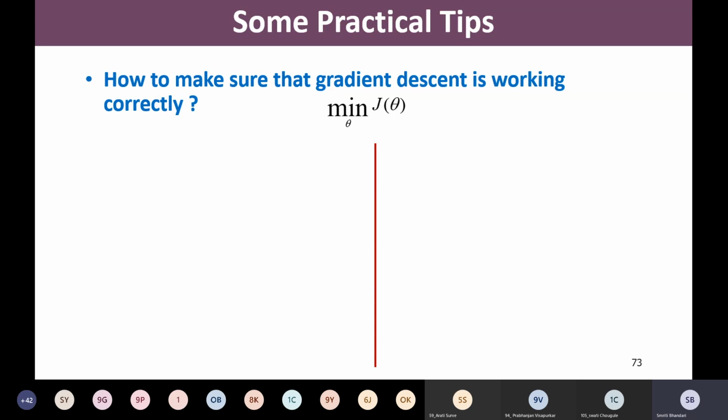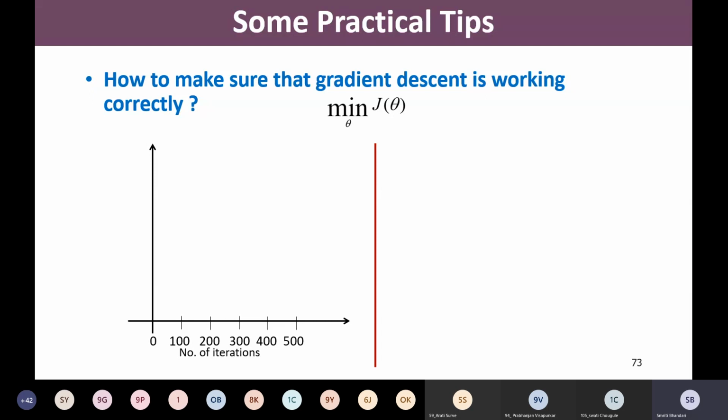One practical tip to understand whether our gradient descent is working correctly or not is that I can plot the number of iterations versus my cost function g of theta.